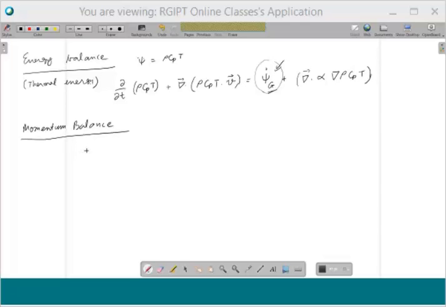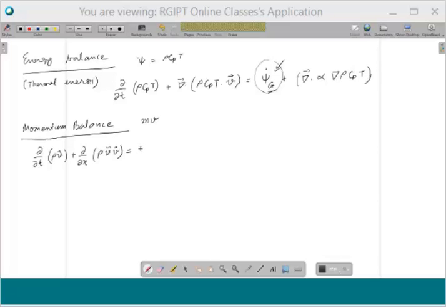That will give me del by del t of, here that would become m v, that would become rho v, plus del by del s of rho v. You all remember about this notation? I'm not going to elaborate upon that. Please check your notes. Then I'll have rate of generation.